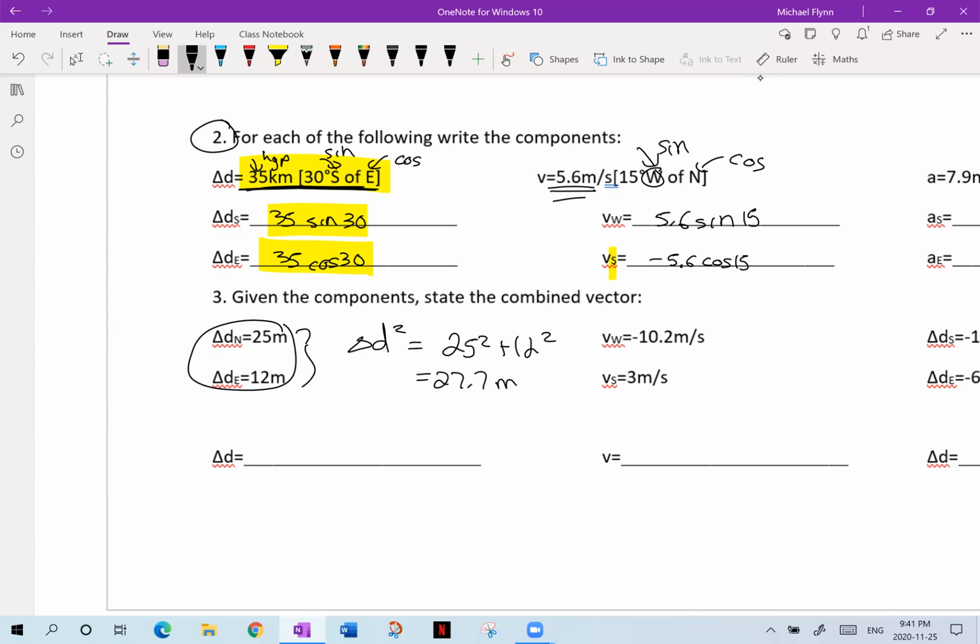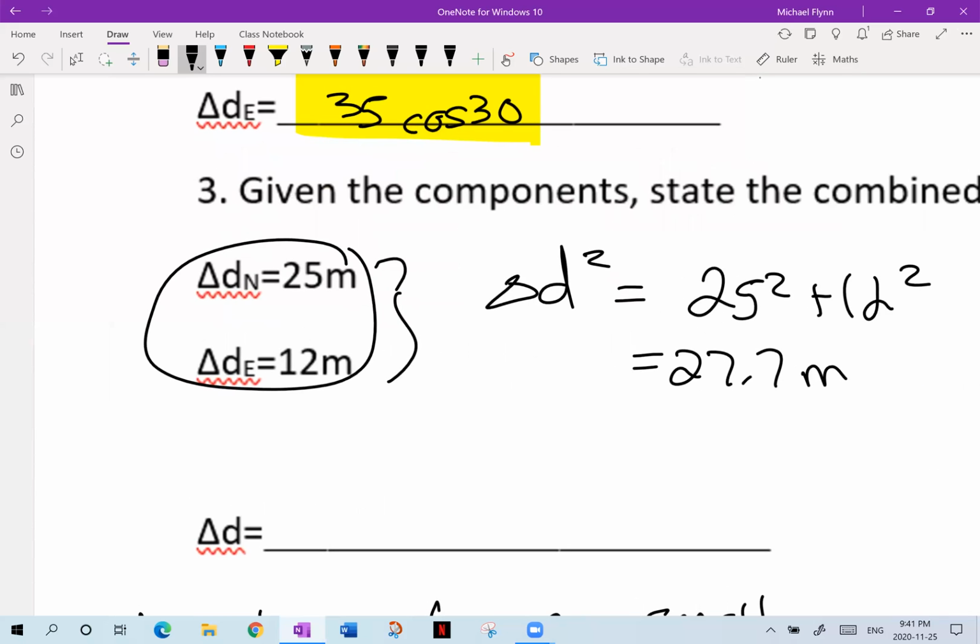Now to get the direction, here's the trick. I'll write it underneath so I don't run out of room. Go tan of theta and go small over big. Okay, small over big. So which one of the 2 components is smaller?